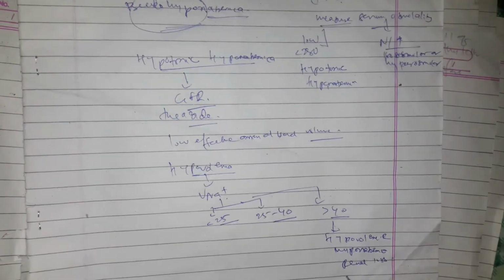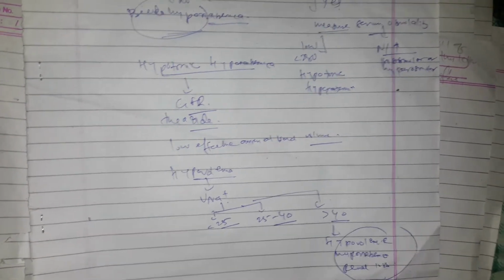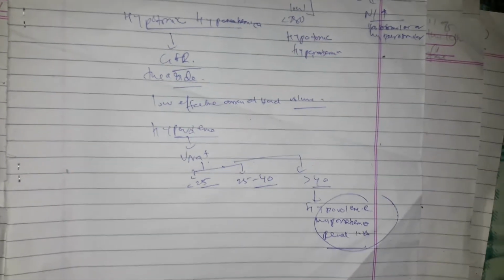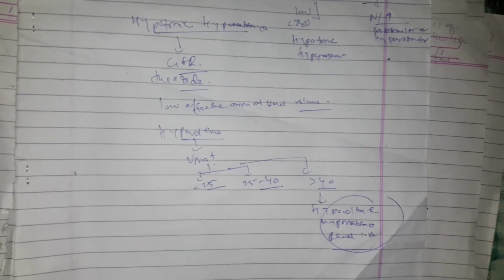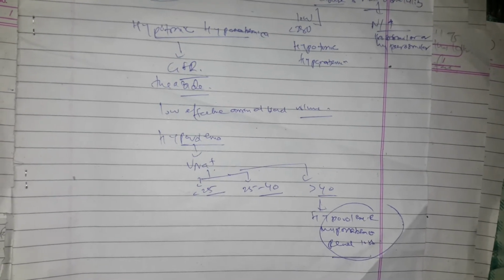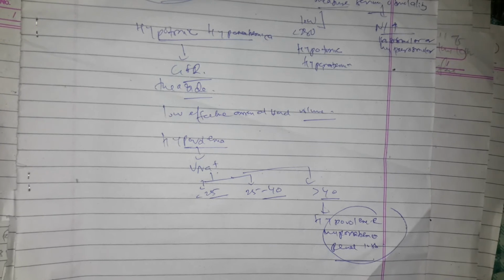So review history and medications and measure AM cortisol and do an ACTH stimulation test. If there is low cortisol or a positive ACTH stimulation test, then obviously the cause is primary adrenal insufficiency.